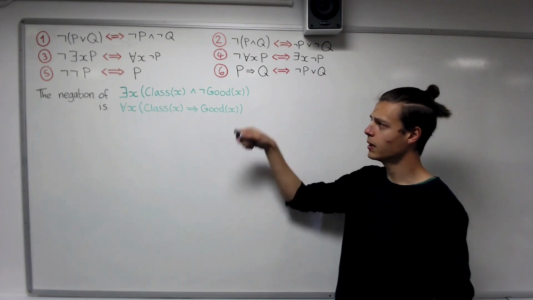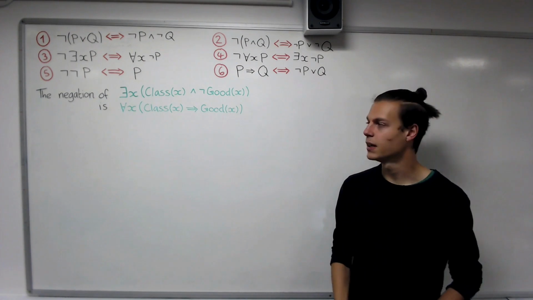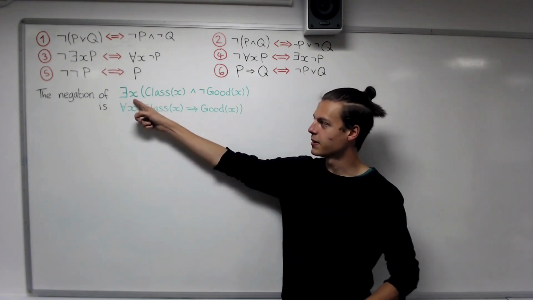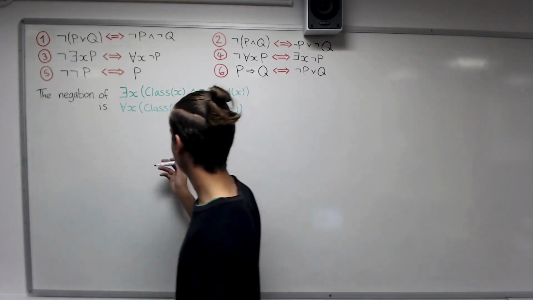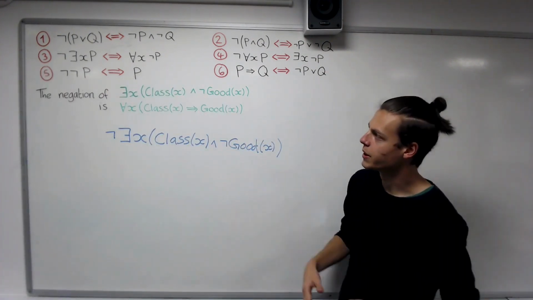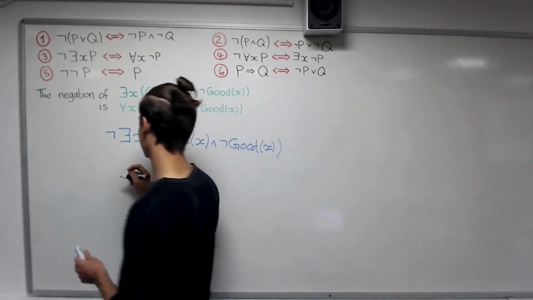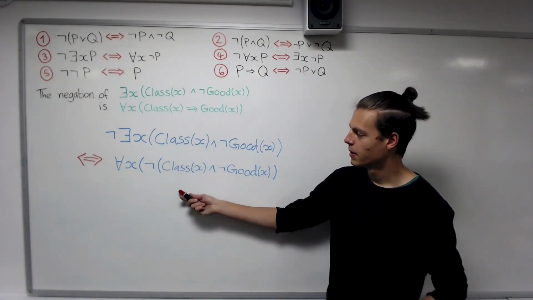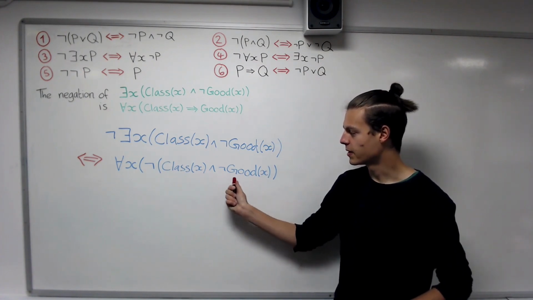Okay? Now, let's use these laws to prove this. So how do we begin? Well, let's just negate the first statement, right? We'll add a not. Now, we can use law 3. Now, we have not something and something else, right?